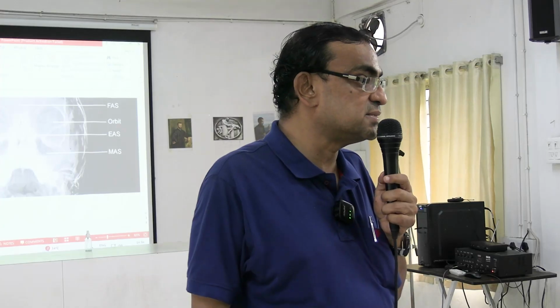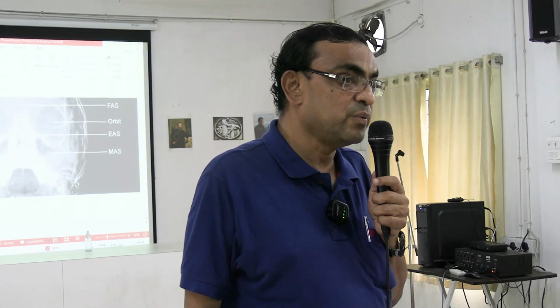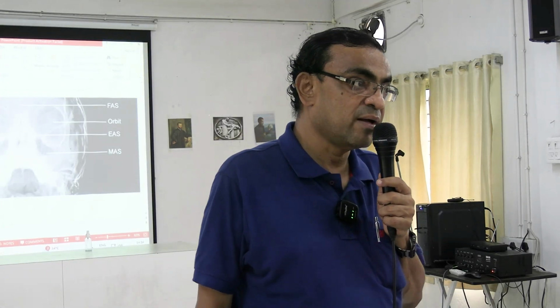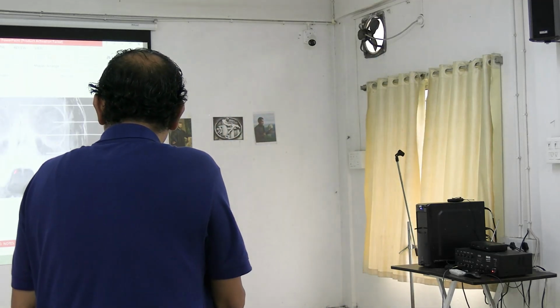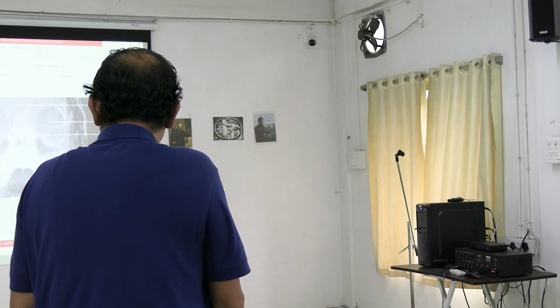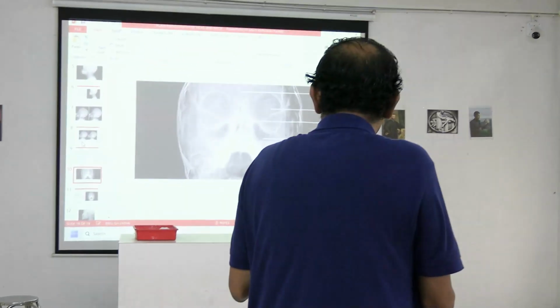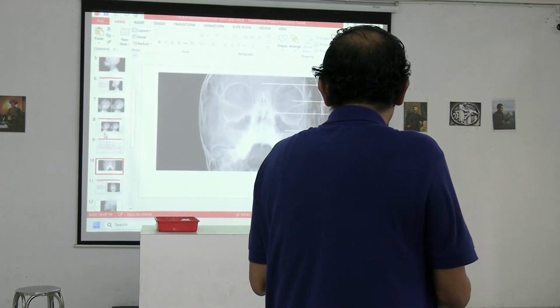We can get the axis, where we can get the dens. So that is the occipitomental view. Otherwise it is more or less the same.